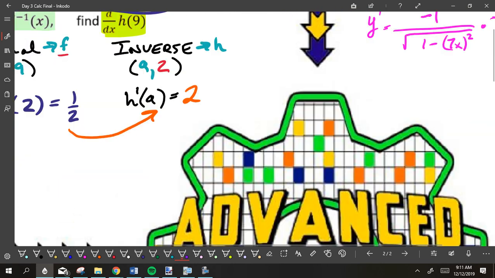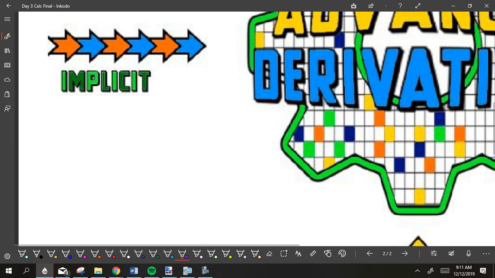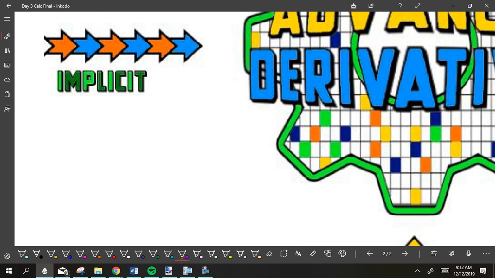Let's go to implicit. Implicit is something we use quite a bit. There are some rules for it a little bit, but at the same time, it's just kind of understanding it. Just some quick reminders of implicit. First, we use this when y is not by itself. So if y is in your problem, then technically you should in your brain be thinking, oh yeah, that's the implicit stuff. Okay?